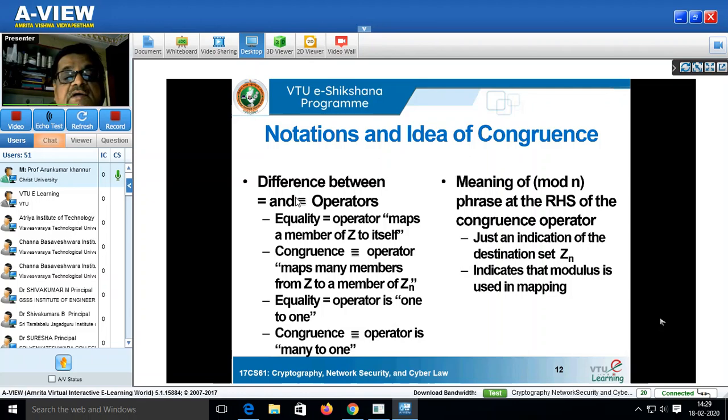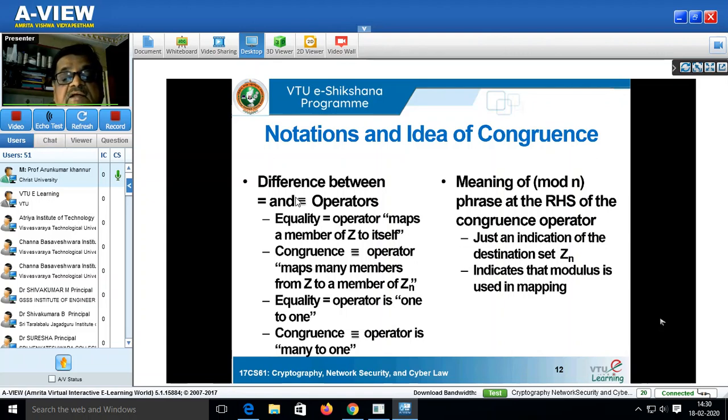Next thing we have to understand is the meaning of mod n. Whenever we see mod n in a congruence operation, to the right side of the congruence operator, you have to see that it is a phrase. It is an indication of the destination set Zn.